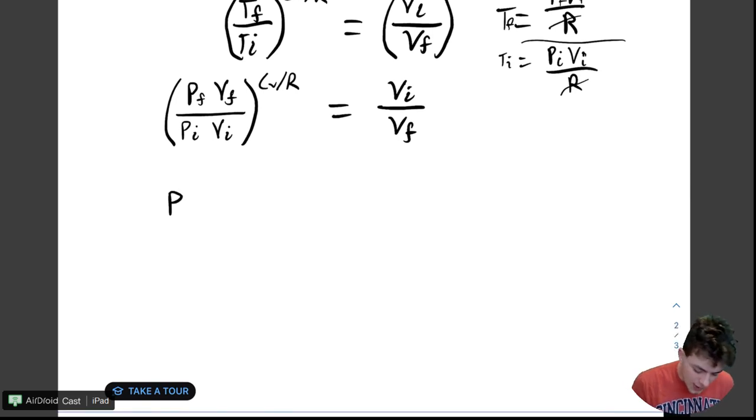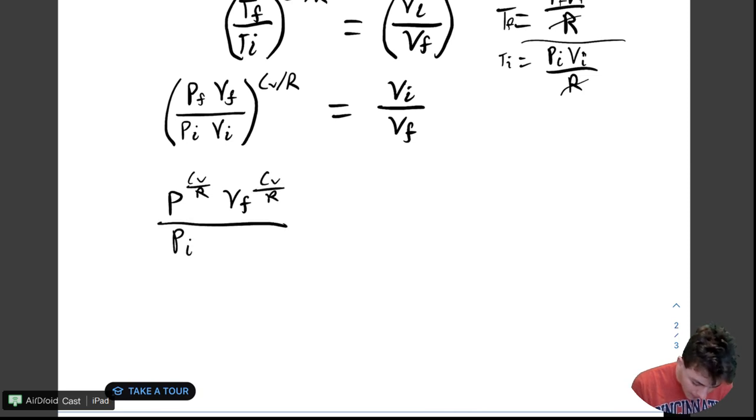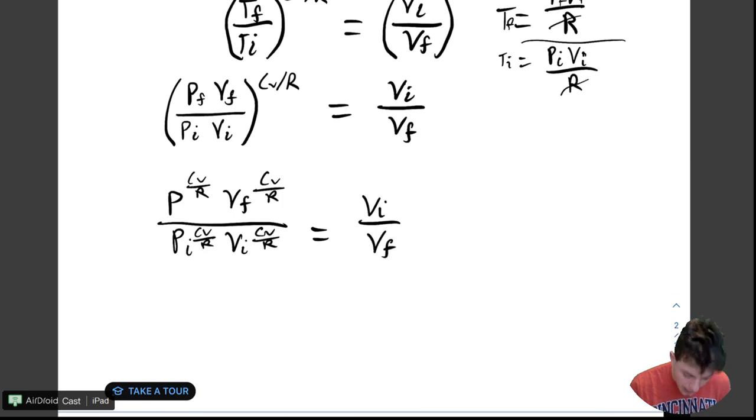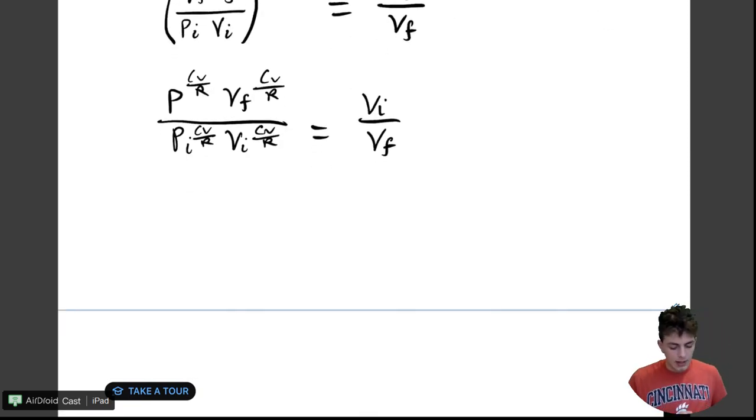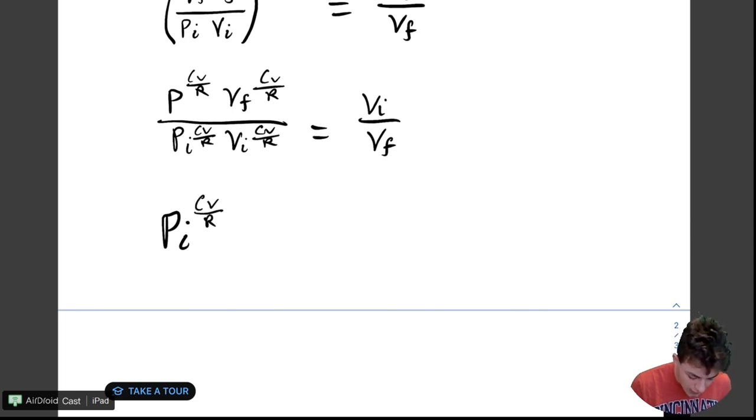Distributing the exponent will result in this expression. And then, finally, by some sort of cross multiplication, we can come across that Pi Vi to the power of Cv over R. I'm doing this cross multiplication first.